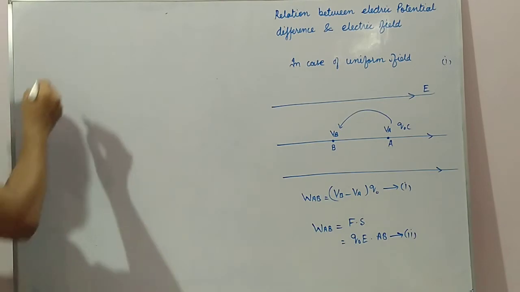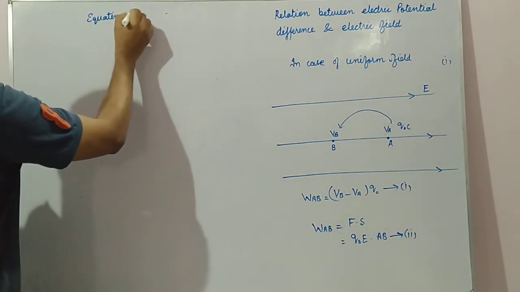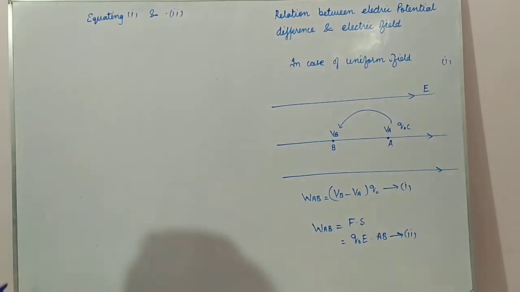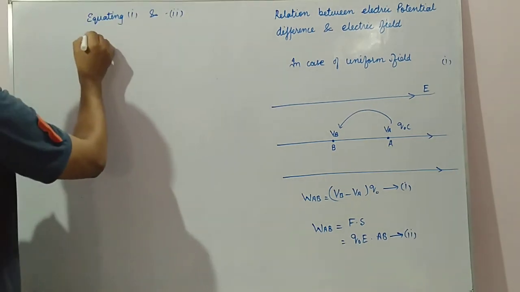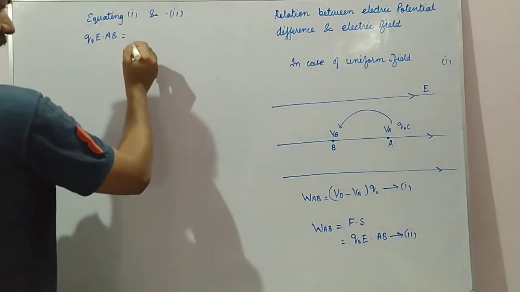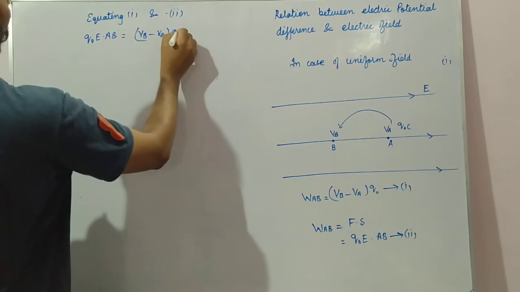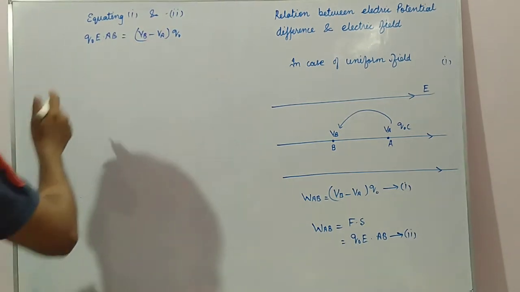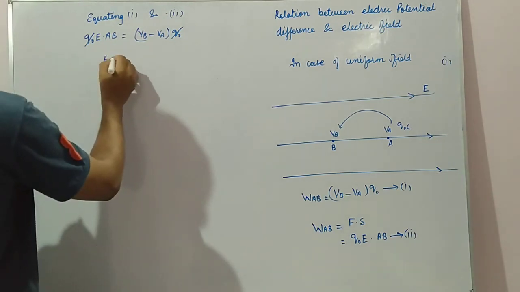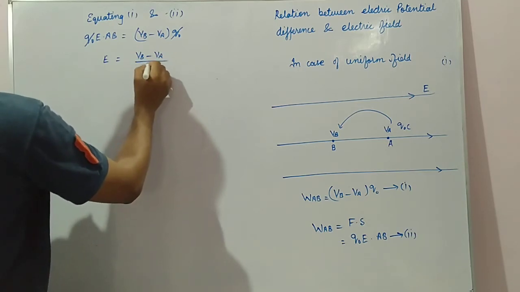Okay. So here equating 1 and 2. Q naught E into AB, that is equal to VB minus VA into Q naught. Q naught and Q naught will cancel out. E, that is equal to VB minus VA by AB.